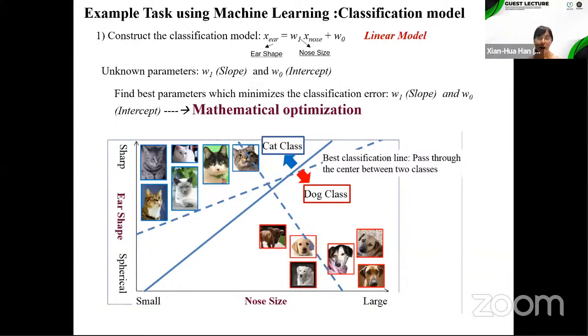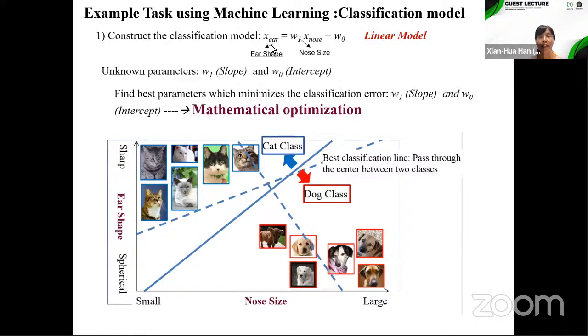This is a two-dimension space. We want to find this distinguishing line in this two-dimension space. So this line can be represented in a linear form like this one.